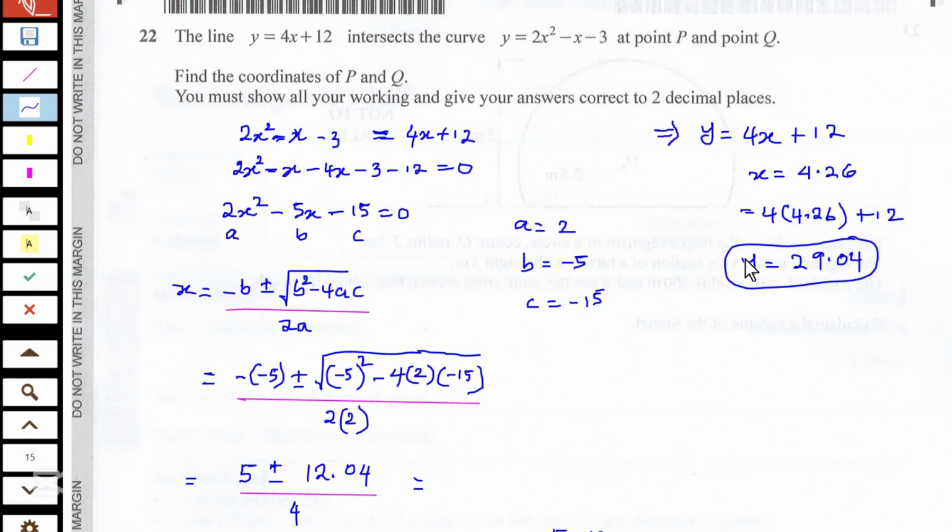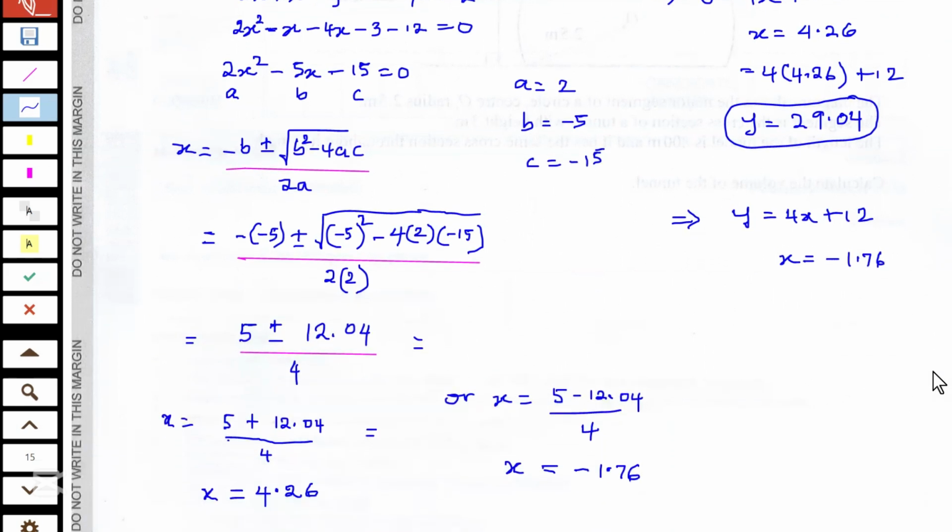Now, that's it for the first value of y. For the second value, from y equals 4x plus 12, when x is negative 1.76, all you need to do is substitute the value of x as negative 1.76.